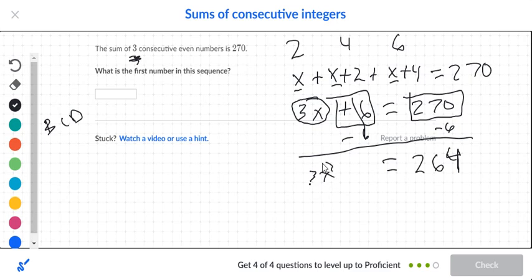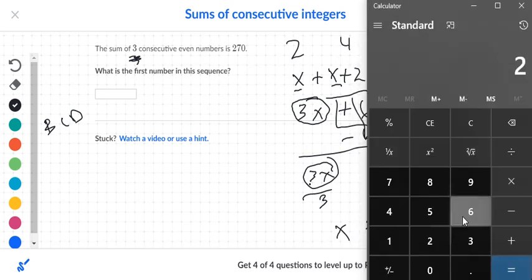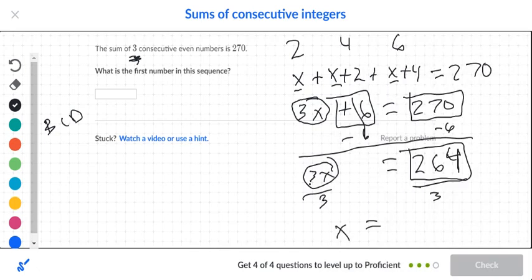So I'm going to divide, actually let me circle and box. So I'm going to divide by 3, then I'm going to divide by 3. So I'm going to take 264 and divide that by 3. So that gives me 88. So x is 88.